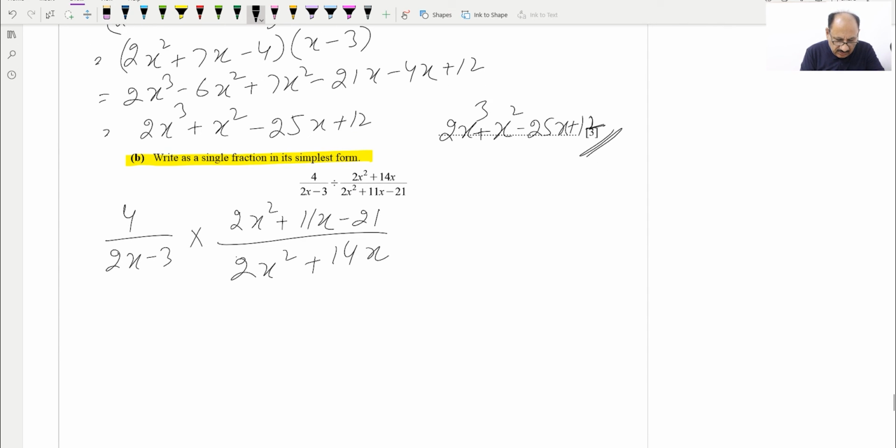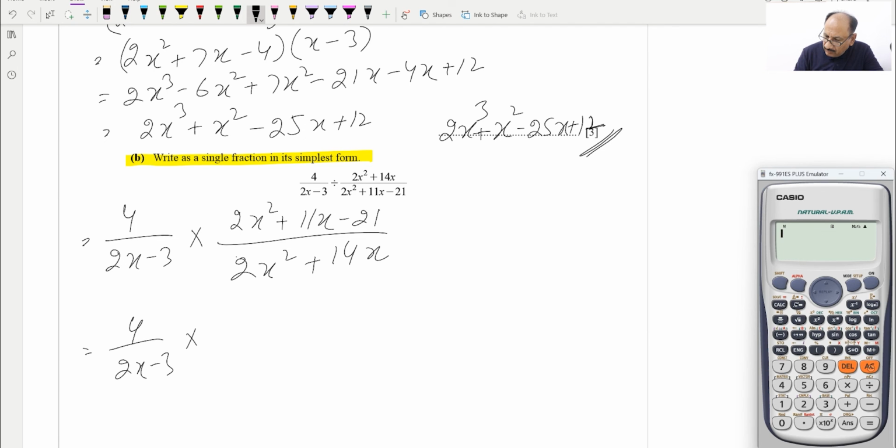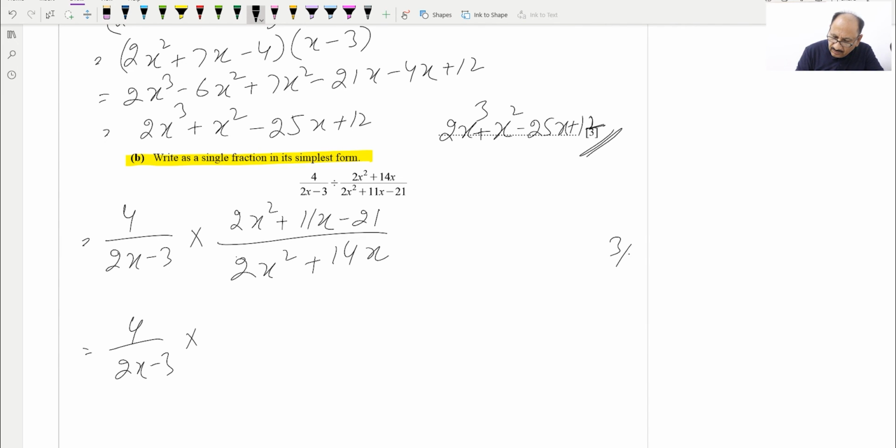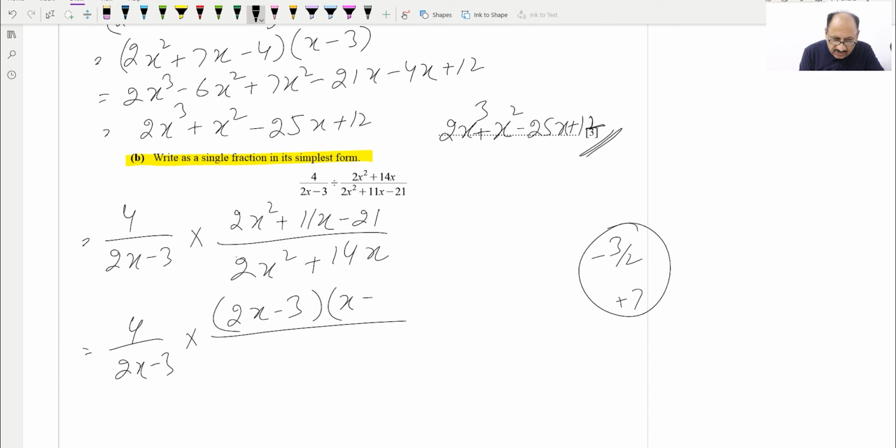Now this one we can factorize. After factorization, what we will get, we can factorize this by product of 2 and minus 21 will give us minus 42, and sum 11, so numbers 14 and minus 3, change sign, and we can use these numbers, and this will be 2x minus 3 and x plus 7, and denominator we can take 2x common, and inside will be x plus 7.